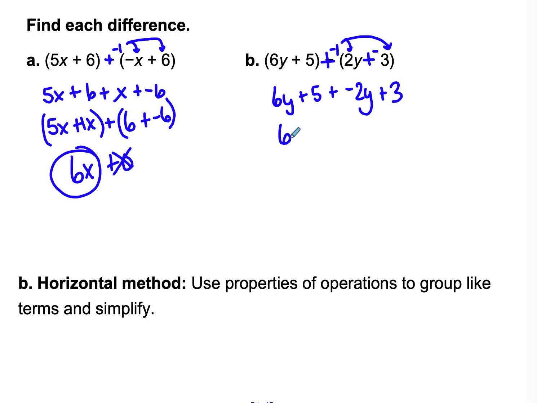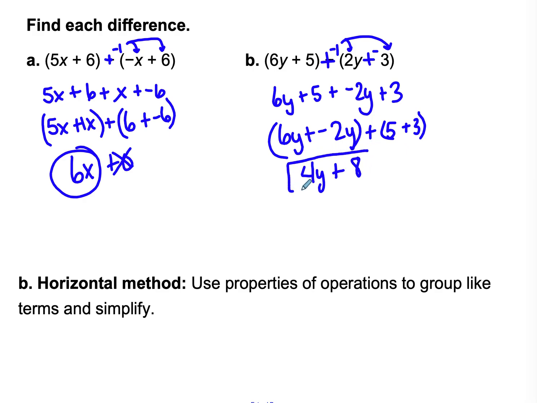Now we're going to reorder: 6y plus -2y plus 5 plus 3. Group those like terms. 6y plus -2y, different signs, find the difference. 4y plus 5 plus 3, 8. So 4y plus 8 is my answer on that one.